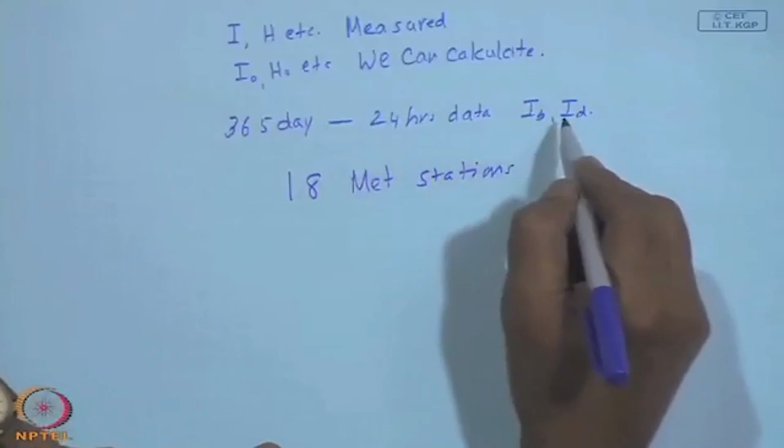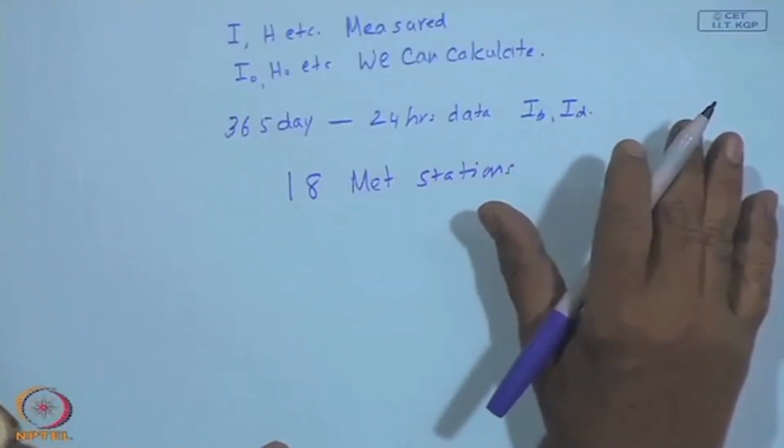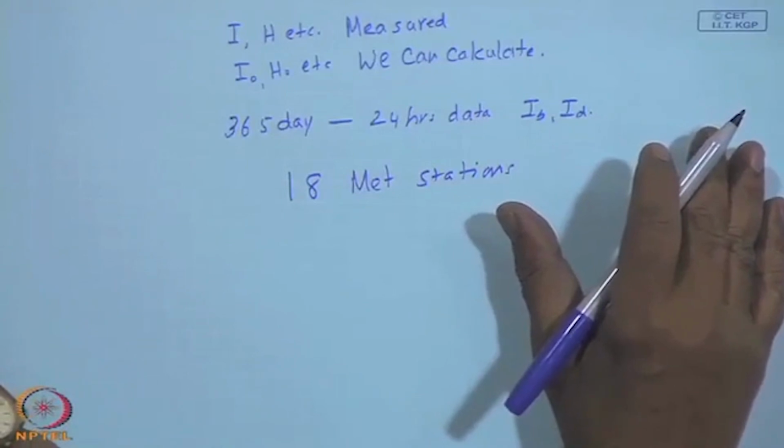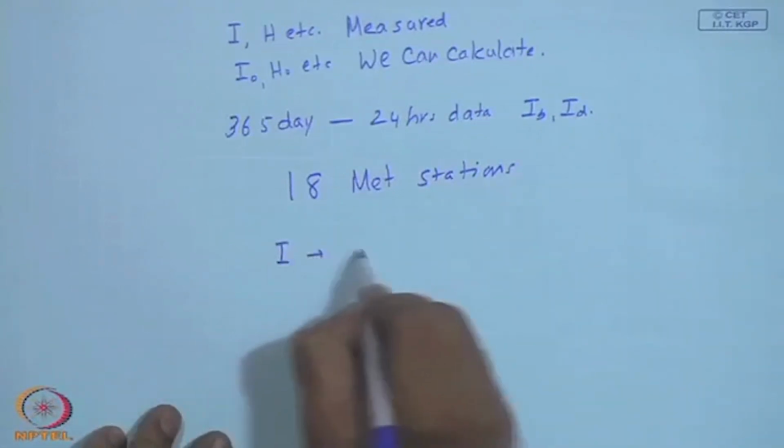So, one may like to have a solar energy system somewhere in Bhadrak or Balasur or smaller places where you may not have the data. Either you interpolate between two large stations or make an approximation. The other thing is, if there is a meteorological station, I, I B, I D, all three of them are very rarely measured. Okay. Most of the time it is I that is measured.